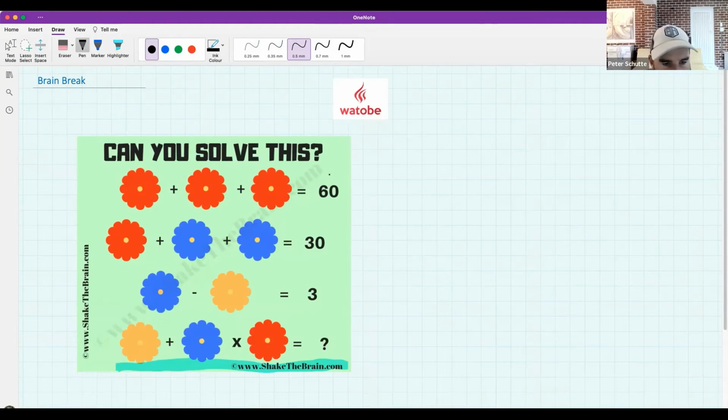Let's give some time. What does the red flower have to be? Yes, so the red flower has to be 20 because there's 3 of the same things and they get to 60. And since this is still a red flower, it's going to stay like that.